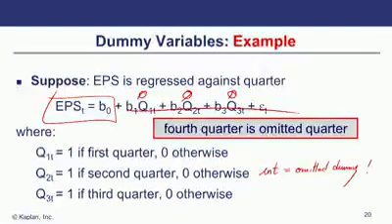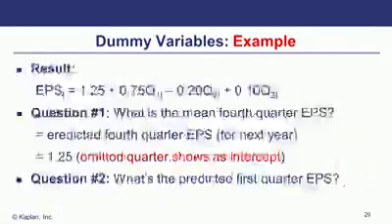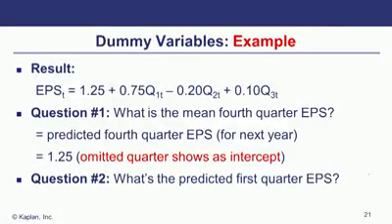So let's see concretely with numbers what happens in this regression. Let's say this is what we've got. The B0, the intercept, is 125, then B1, B2, B3. We're going to ask ourselves a couple of pretty much qualitative questions, because no big computation will be required from us here.